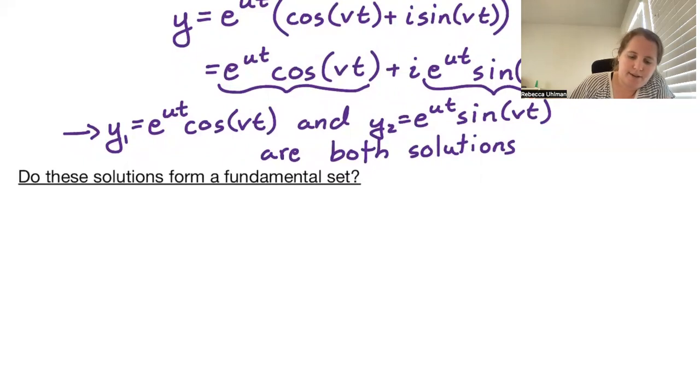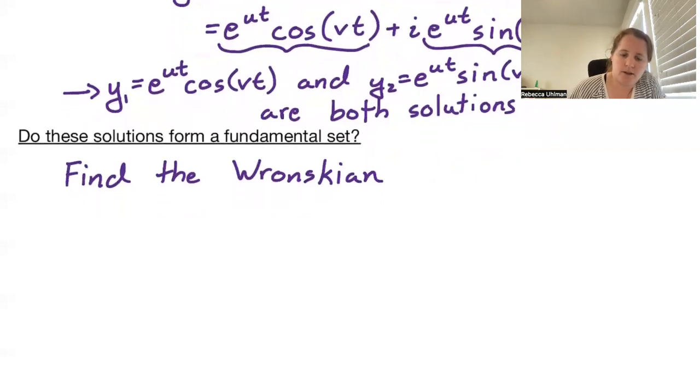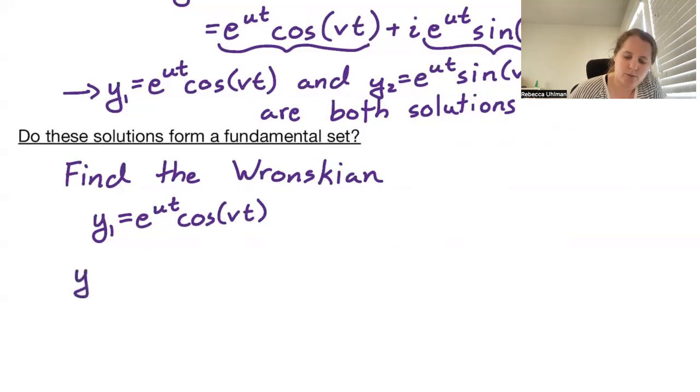So let's take our Wronskian. Before we actually do that, we have y1 is e to the ut cosine of vt. So y1 prime, we're going to have to do product rule.